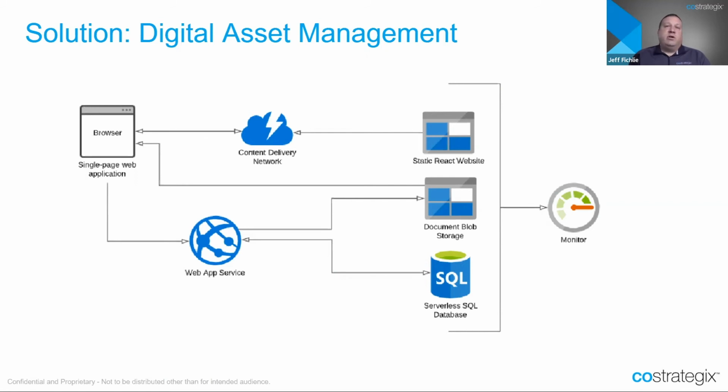So that gave us our security layer that we needed there. And then anything that was relational or day-to-day operations type information, customer information, project information, we stored in serverless SQL. And then on top of all of that, as I mentioned earlier, one of the main things you want to do is monitor. So Azure has this monitor service where all of these serverless services are natively tied in, which is great.